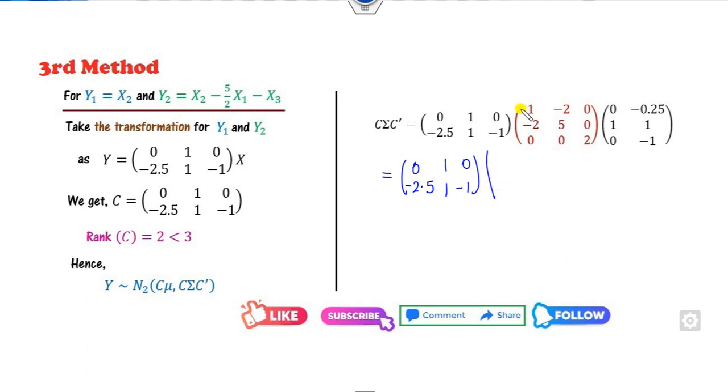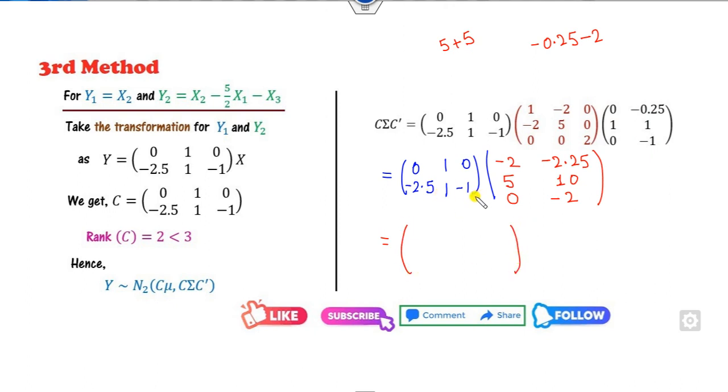So let me multiply first row, second column, first row, first column. This value into this, so minus 0.25 minus 2, minus 2.25. Second row, this value is 5. This value is 5 plus 5, 10 is 0. Then its value will be 0. This into this, it will be minus 2. Now again you can multiply them.